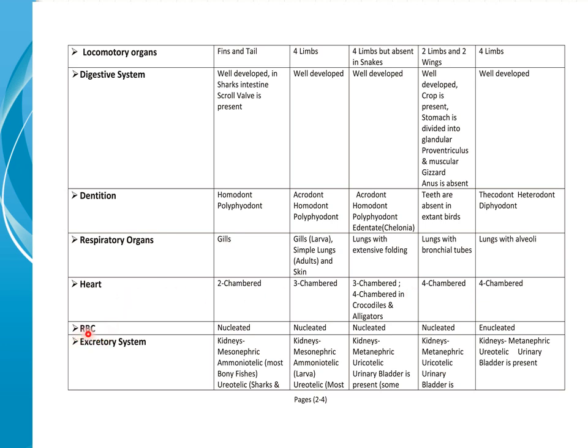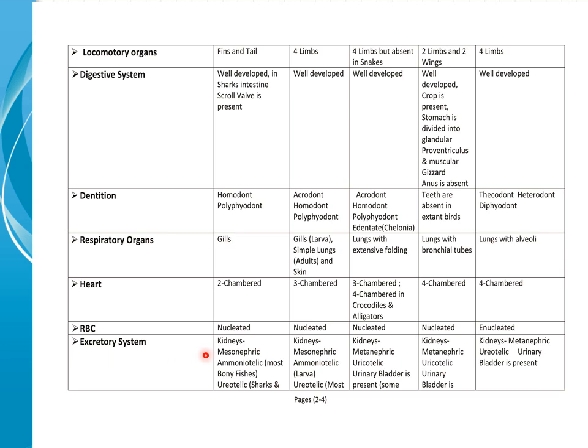The next characteristic feature which I have listed here is RBC. The RBCs are nucleated in fishes, amphibians, reptiles and birds, whereas they are enucleated, without nucleus, in mammals with exceptions. Now the next feature is excretory system.